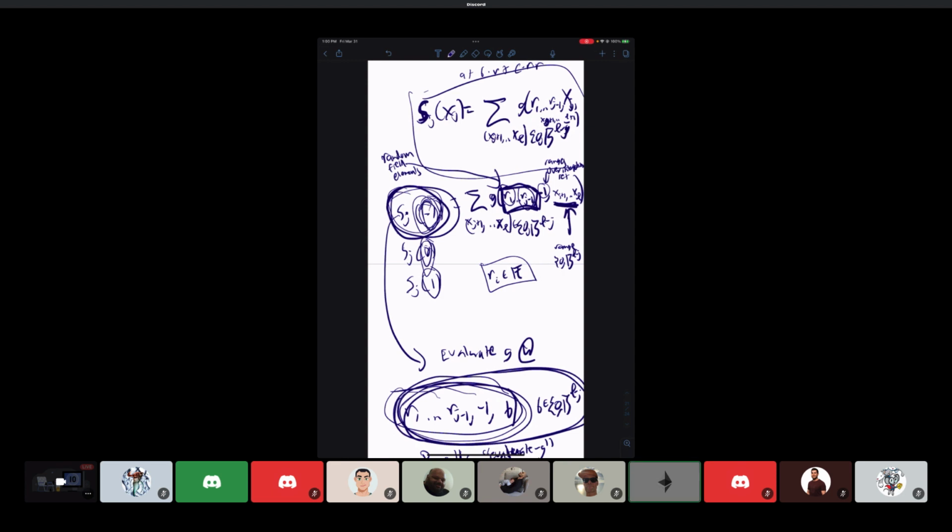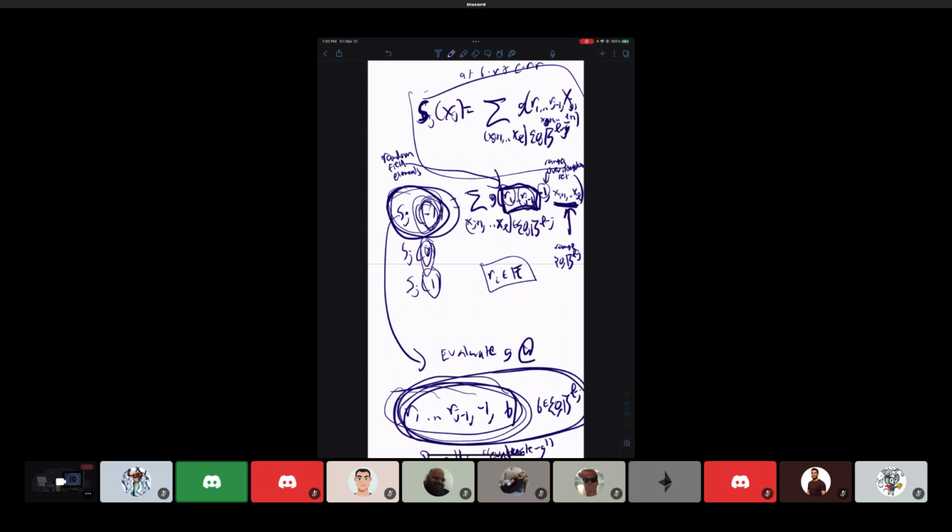Again, maybe that's wrong, but it sounds somewhat right. But then what values do we plug in for X J plus 1 to L? Do you also interpolate them over this Boolean set? What values do we put in there?